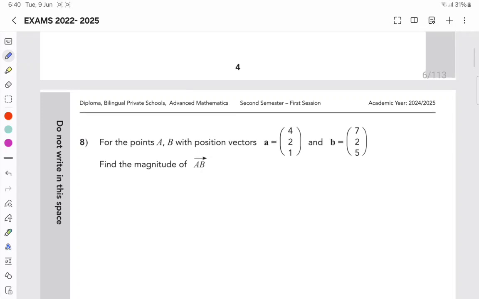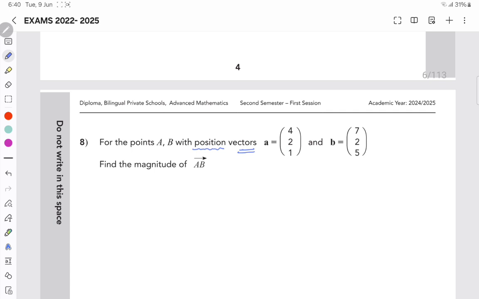Now the next one is for vectors. He said for the points A and B with the position vectors. First of all, what is the position vector? It's starting from the origin. So he said, find the magnitude of AB.